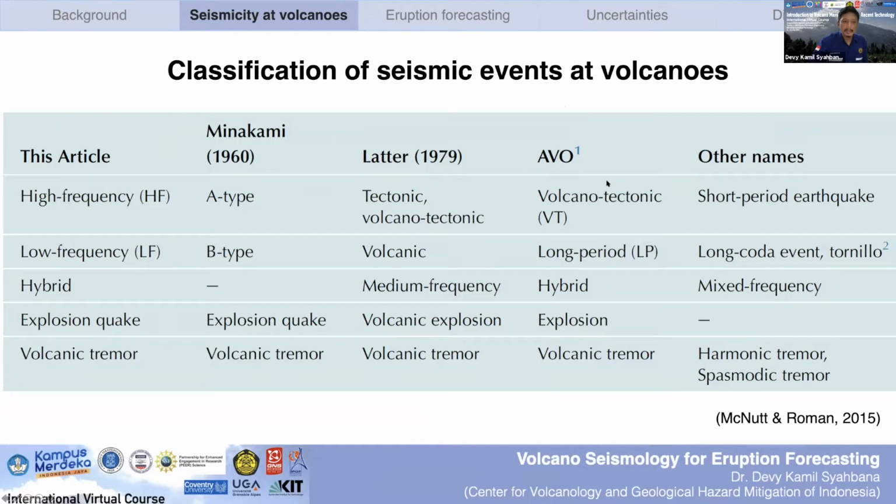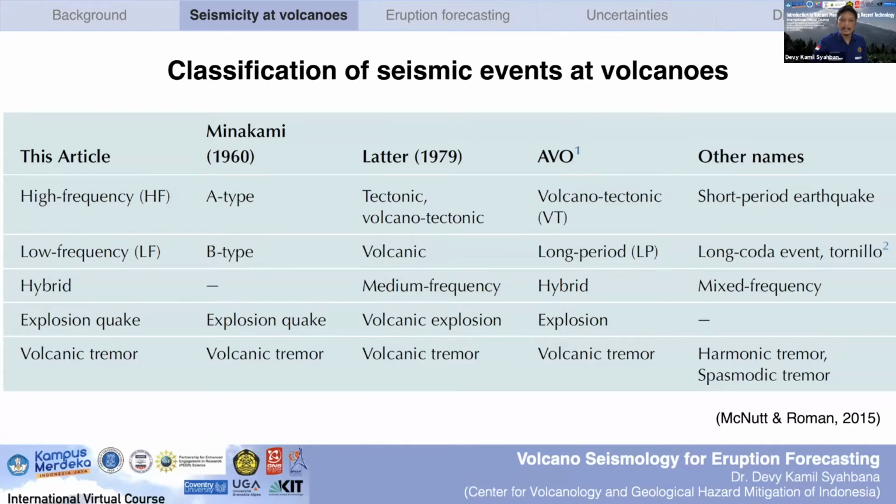Minakami was one of the first seismologists to classify volcanic events. At that time, there were only two types of events, A-type and B-type events. For superficial activity, volcanic tremor is classified as volcanic tremor, and for surface activity, it is called the explosion quake. The A-type is the high frequency event, and B-type is the low frequency event.